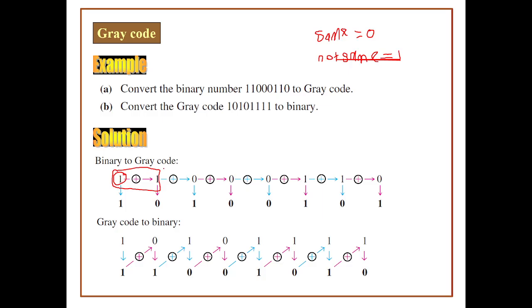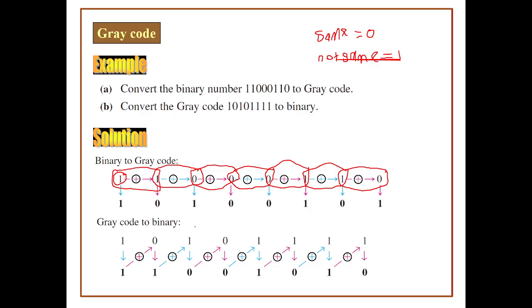You put a 0, and then you compare these two, 1 and 0 not same, put 1, and then this one, 0 0 same, you put 0, this one 0 0, you put 0, 0 and 1 not same, you put 1, this one 1 and 1 same, you put 0, this one 1 and 0 not same, you put 1. Okay, now you get the gray code.